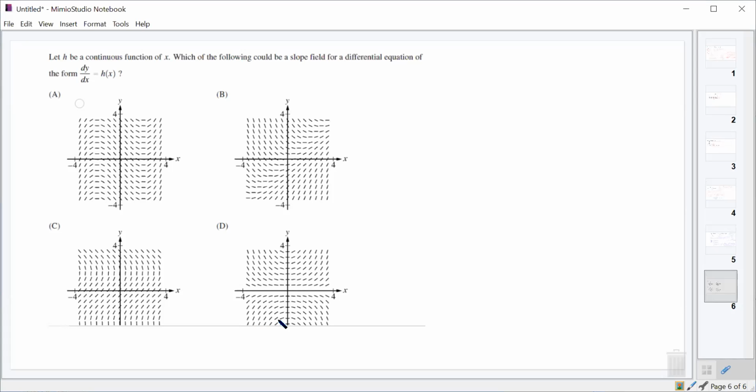So if h is a function of x, we could definitely tell that it could not be choice C, because this wouldn't pass our vertical line test for it to be a function, right? Just based on how these solution curves would be drawn. So we could get rid of that one.